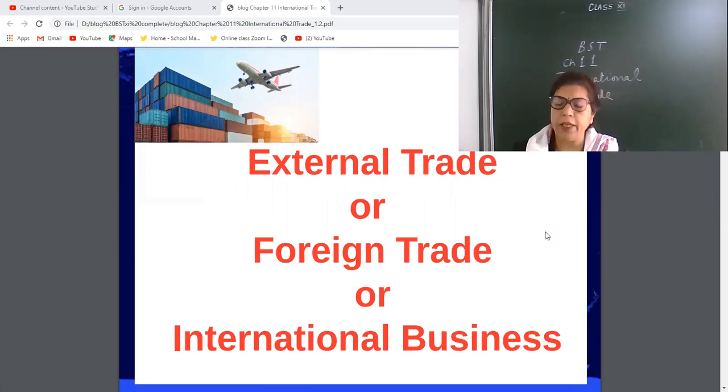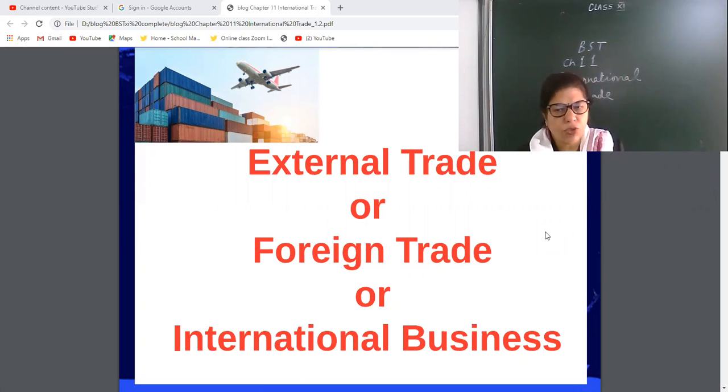If the trade crosses the boundaries of the countries, if the trade is between two countries, two nations with two currencies, like India is exporting spices to other countries like Germany, France, and India is importing electronic appliances from China, here two countries are involved.